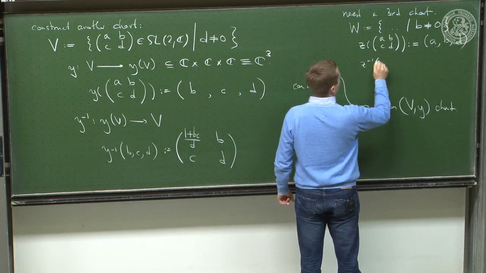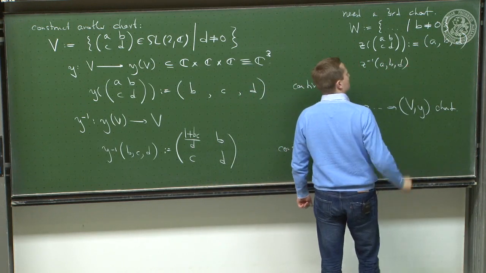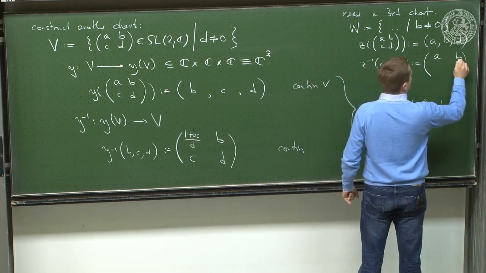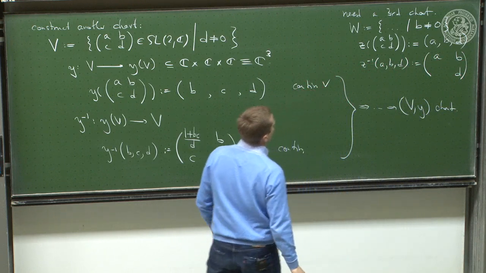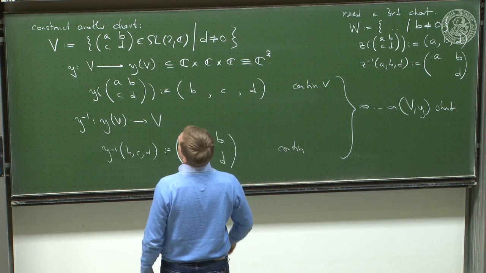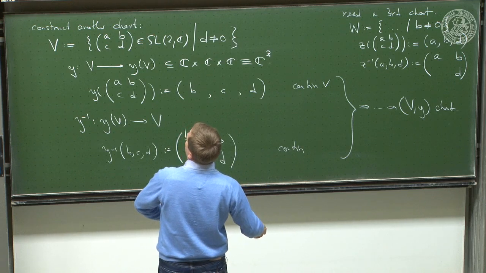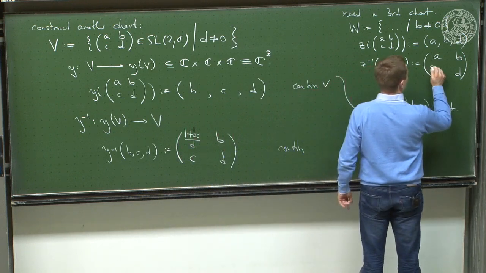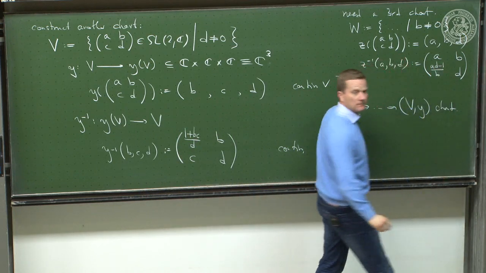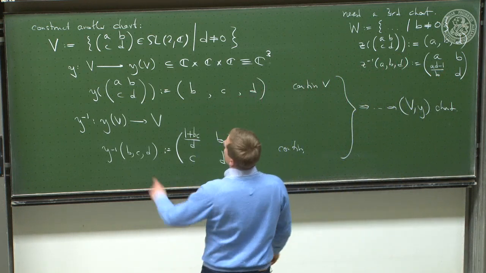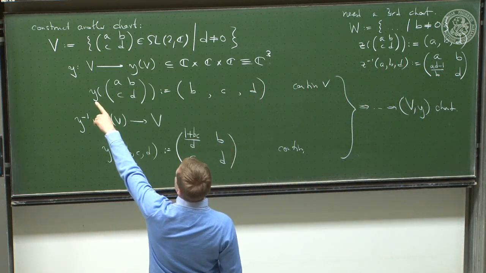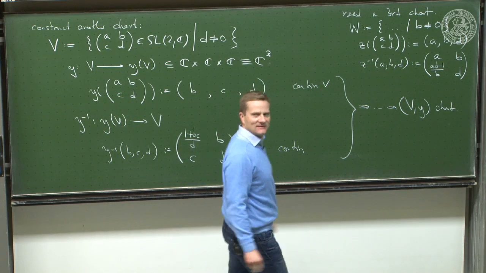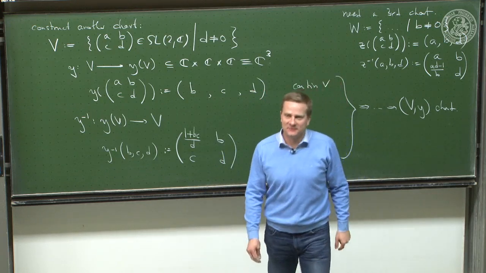And I construct the inverse of this map Z, and it will yield the A, B, D. And the C I can reconstruct as AD minus 1 by B. Agree? Hang on, I take the BC to the right-hand side, I take the one there. Okay, we may fail at mental arithmetic, but okay.